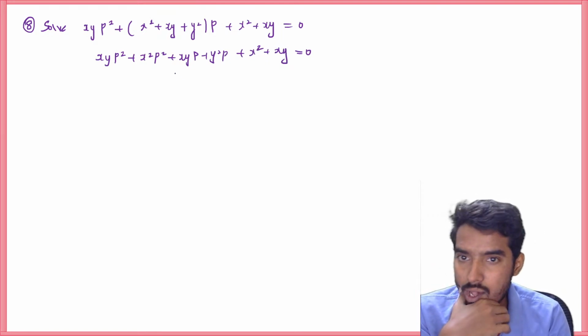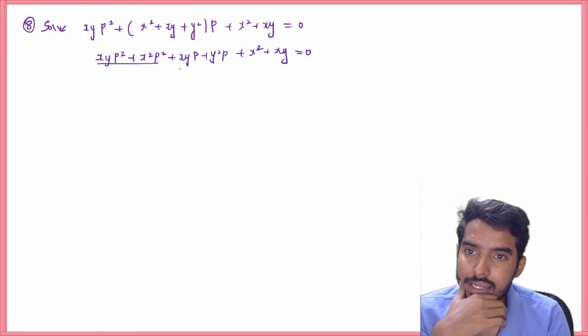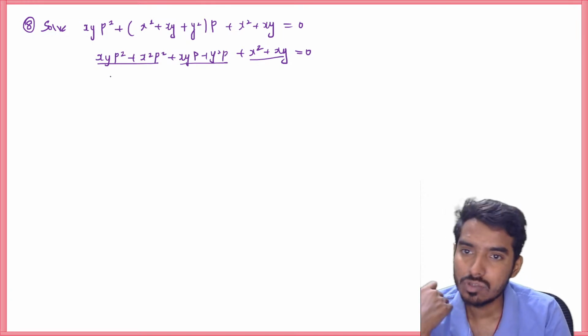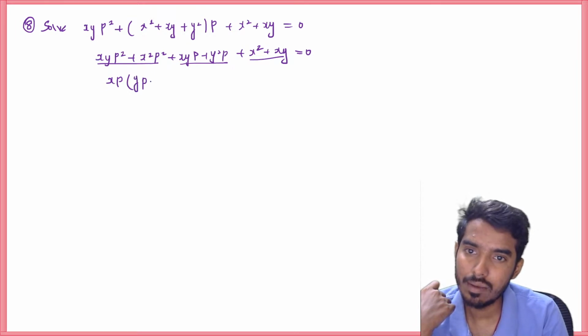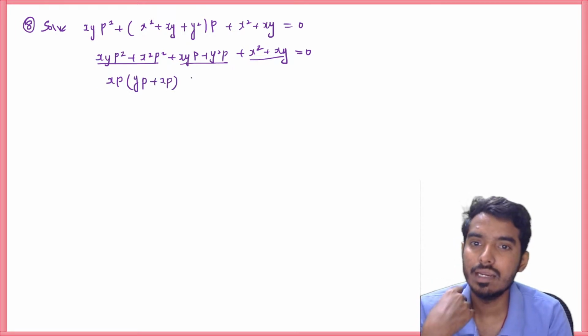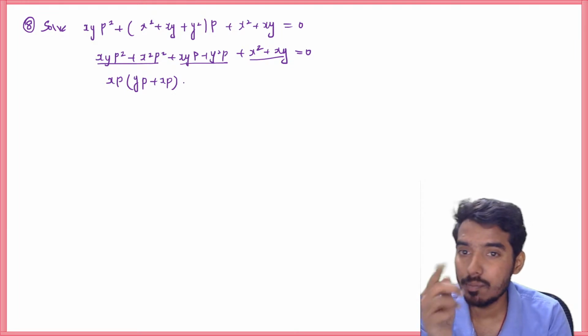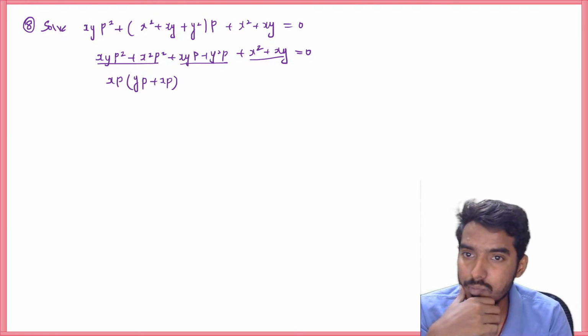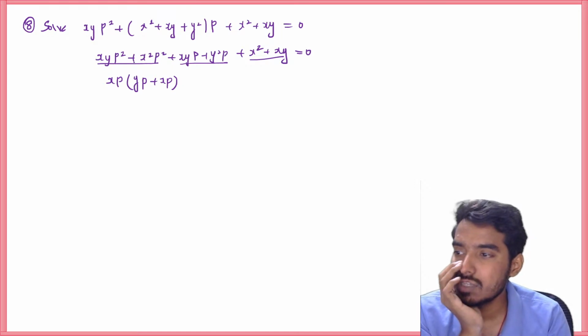Now here I can take xp common, I can take yp common, here I can take x common, right? If I take xp common here, we have yp plus xp, right?